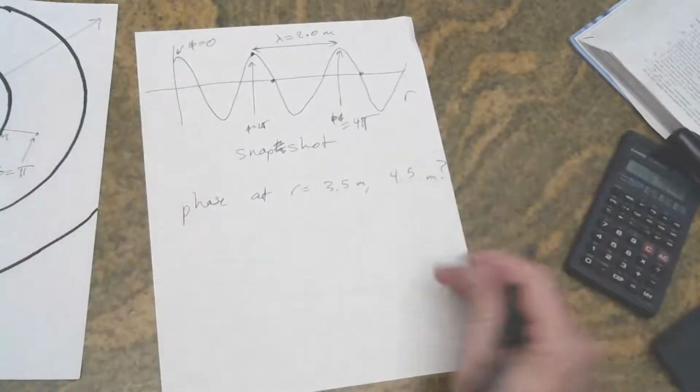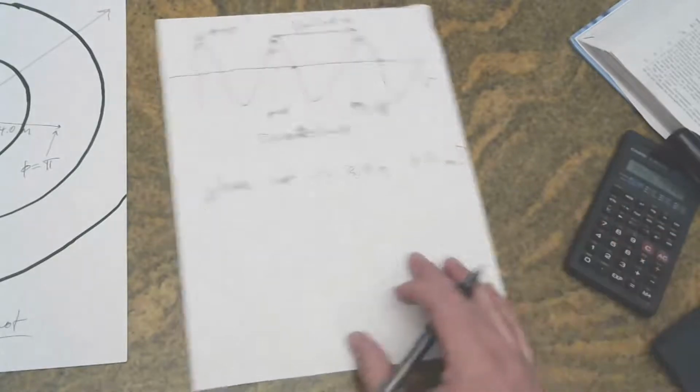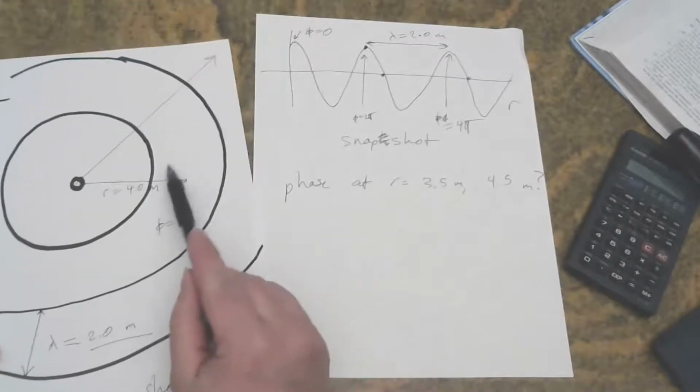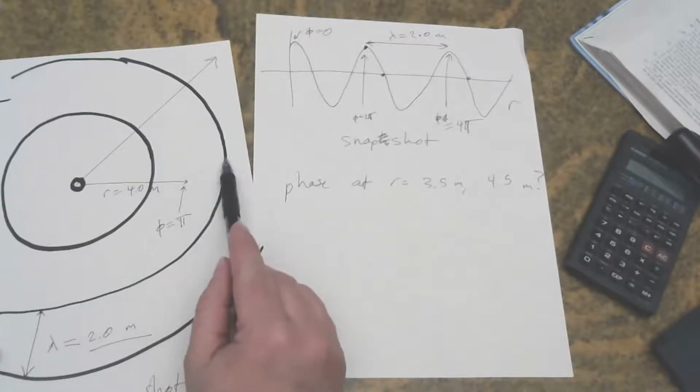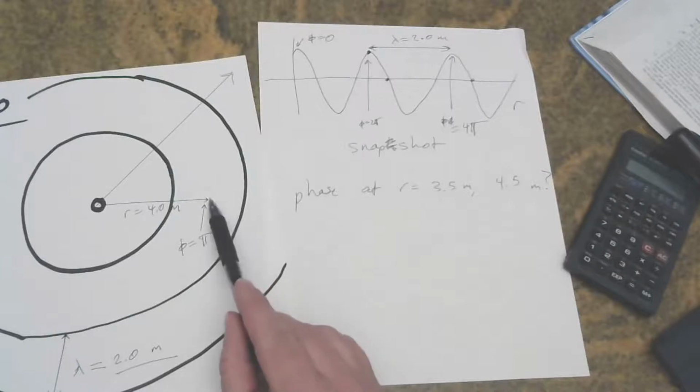We can actually answer this without writing anything down or doing any calculation on paper. We'll go back and do that as well because we need to know how to do that. Remember, a wavelength is 2 meters, right? And we're right in the middle between two peaks.